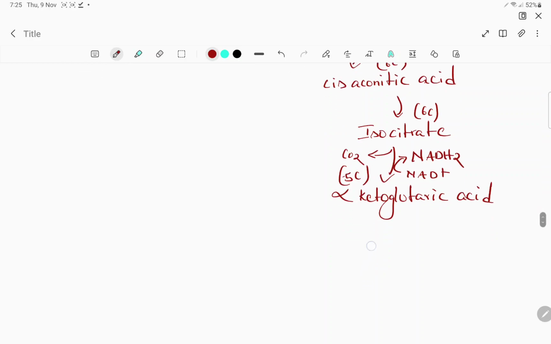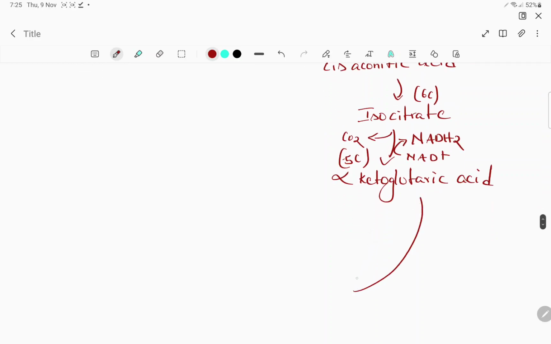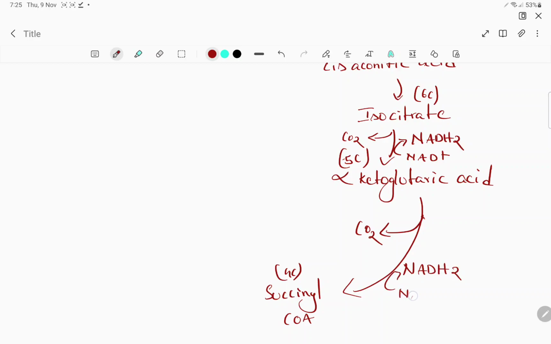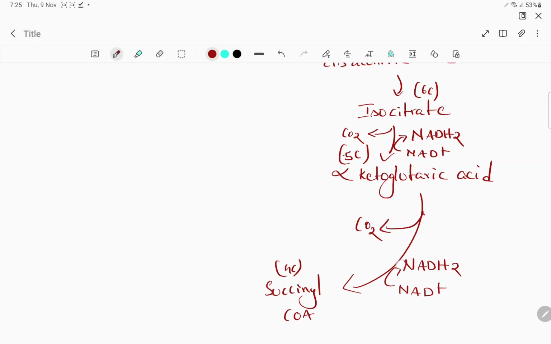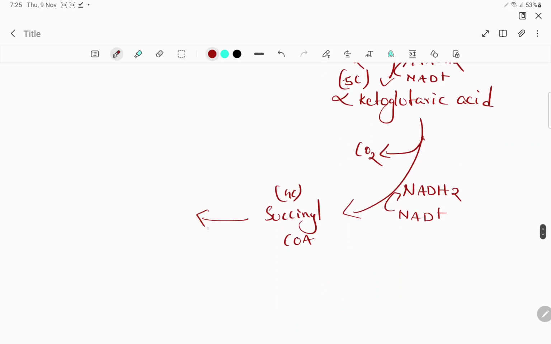And now alpha ketoglutaric acid is converted to succinyl CoA. Here this is a 5 carbon compound, this is a 4 carbon compound, 1 carbon dioxide is gone, and here NADH2 is produced from NAD plus. Now succinyl CoA is converted to succinate.